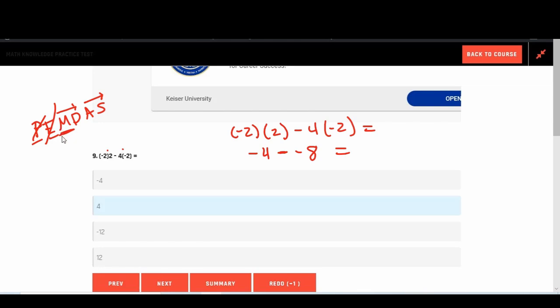Okay, now that's gone. There's no division. And now we just have subtraction left. We have negative 4 minus negative 8. We can't do a negative negative. This becomes positive. So this becomes negative 4 plus 8, which is just 4. Okay? So that's that one.